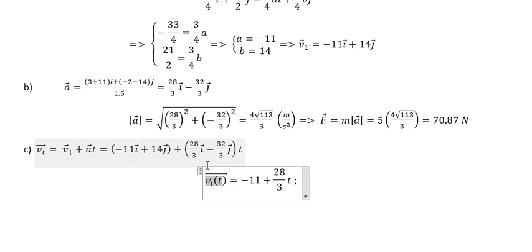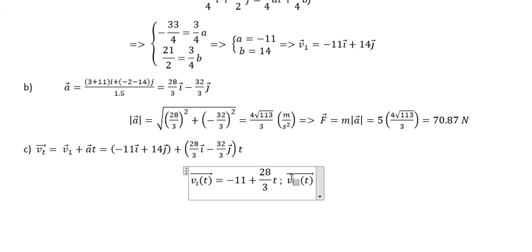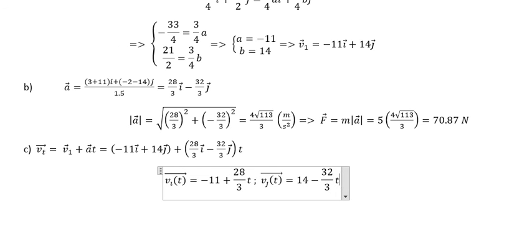Similarly for the j component, we have 14 minus 32 over 3 t, and we just finished the velocity function.